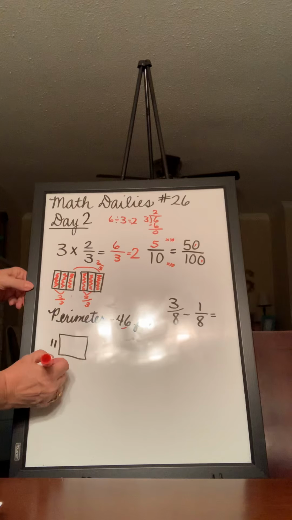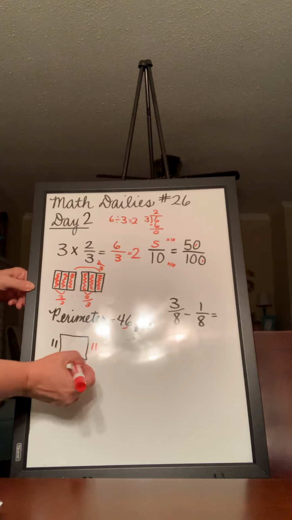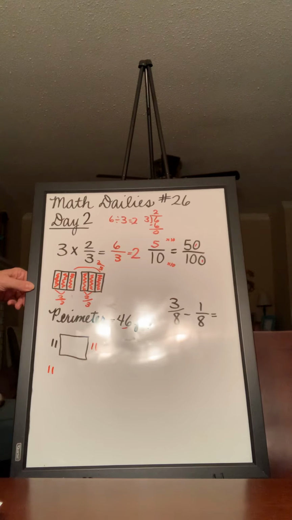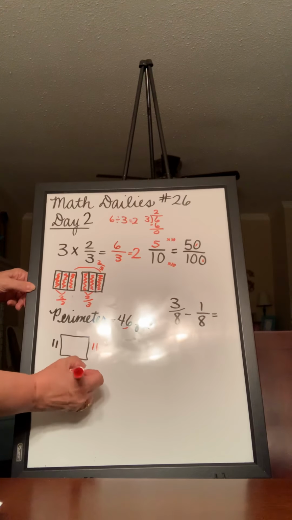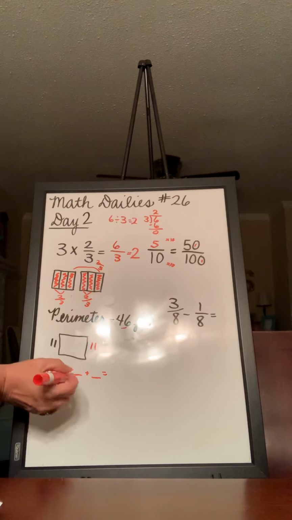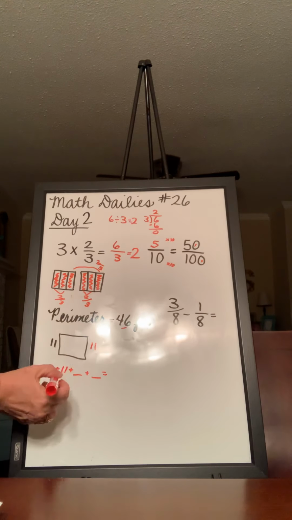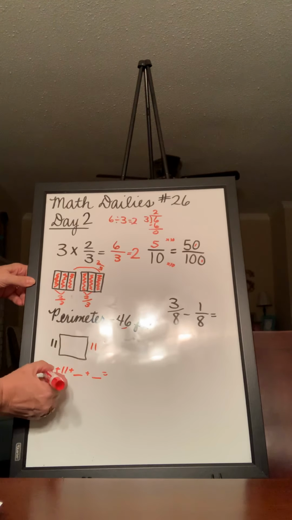Well, we know that our length is 11 on this side. And if his room is equal, which it is, even though my drawing is not really equal, we would do plus 11 plus blank. Sorry about that, my timer's going off. So 11 plus 11 plus blank, because we don't know the 2 sides for width yet.